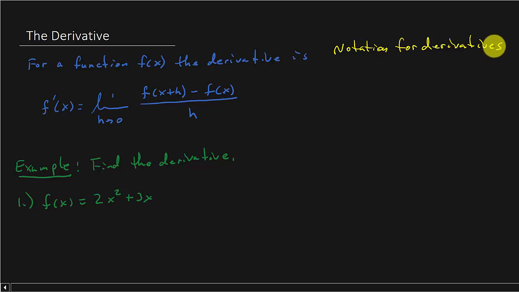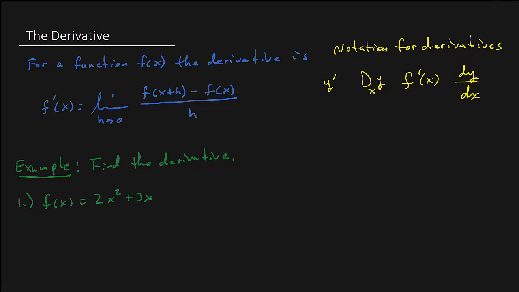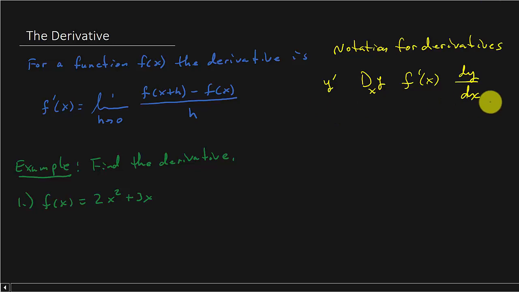Most of the time you're probably going to be using f prime, y prime, stuff like that, dy dx. But some notations are y prime, and then the derivative of y with respect to x, f prime of x, and dy dx. These are just different notations of how you can represent the derivative.